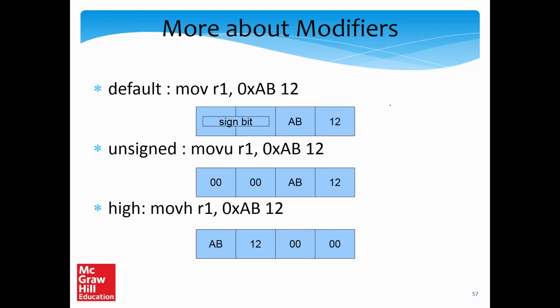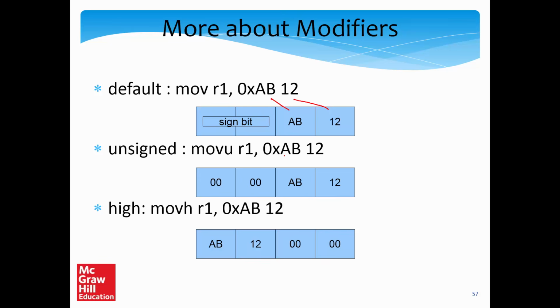So let's take a look at some examples. Let's first take a look at the default behavior of 0xAB12, where the MSB is equal to 1. In this case, we load AB12 in the lower 2 bytes and the upper 2 bytes consist of the sign bit. The sign bit here is 1, so all these 16 bits are 1.